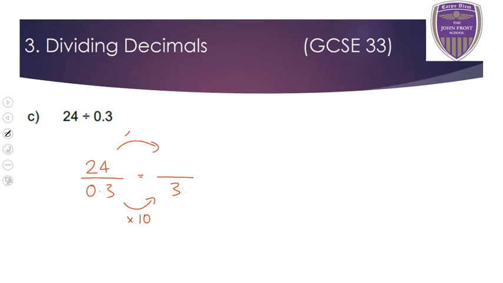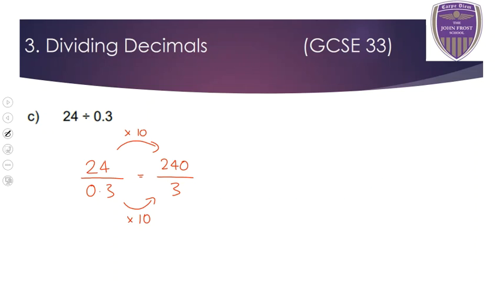And then the reason we set it out as a fraction is to remember that if we're timesing the bottom by 10, we have to do the same on the top as well, okay? We can't just write 24 over 3, because that wouldn't make it equivalent, okay? So we've timesed top and bottom by the same number, we've made an equivalent fraction. So 24 over 0.3 is the same as, because it's equal to, it's equivalent to 240 over 3.